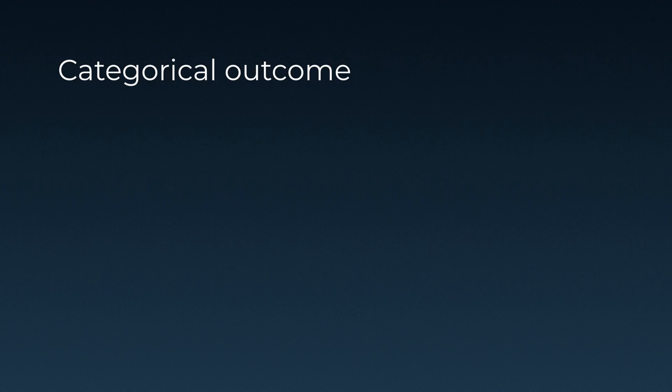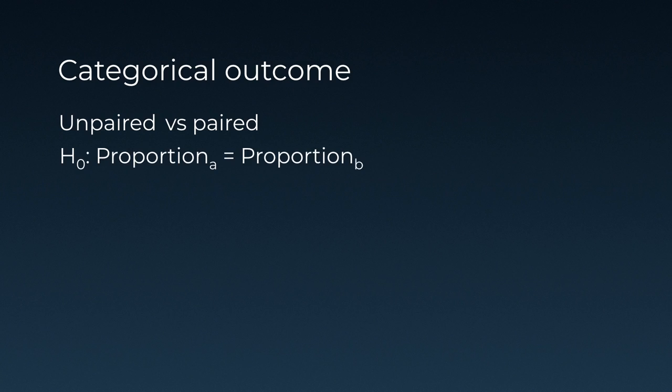As in the case of numerical data, we need to first determine if the groups are paired or unpaired. When comparing rural and urban children, the groups are again unpaired. There is no relation between children from urban and rural areas. We can now compare the expected proportions under the null hypothesis to the observed proportions. Let's see how this works.